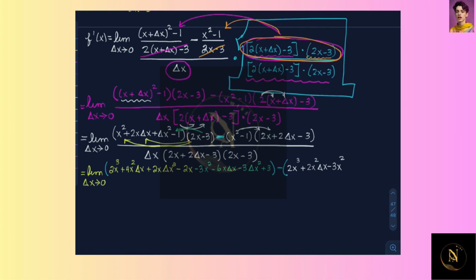I'm also going to distribute the negative 1. So I'll have minus 2x minus 2 delta x plus 3. And it'll be all over those 3 factors.